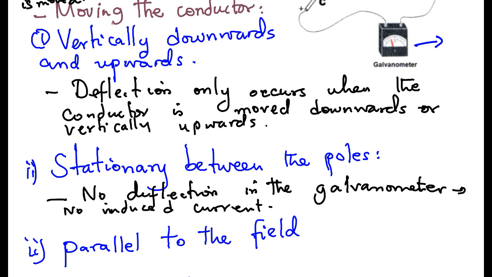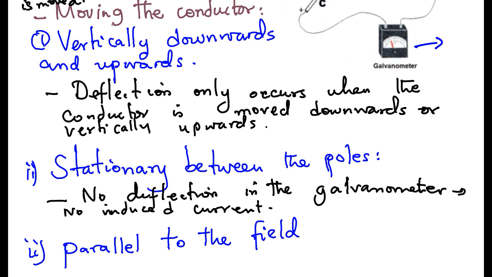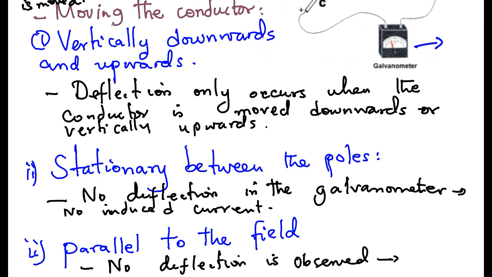When the conductor is moved parallel to the field, no deflection is observed on the galvanometer. Meaning that the induced current is zero.